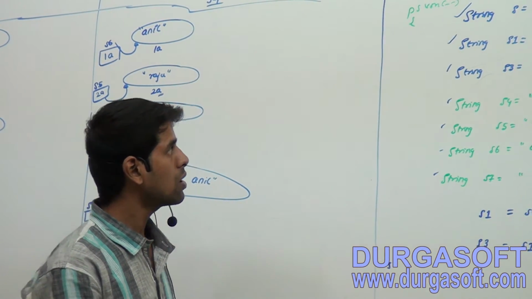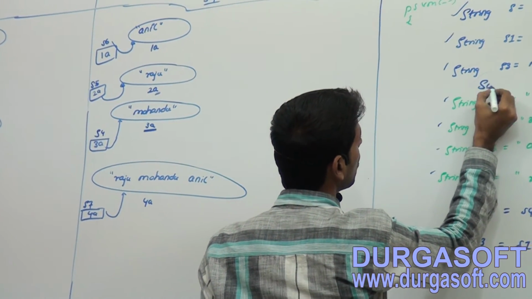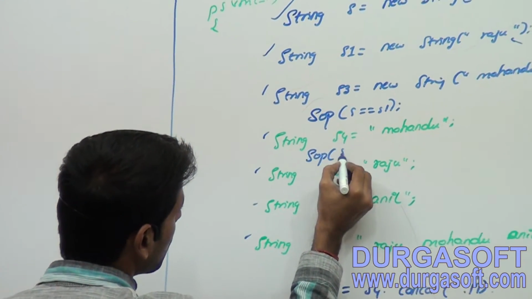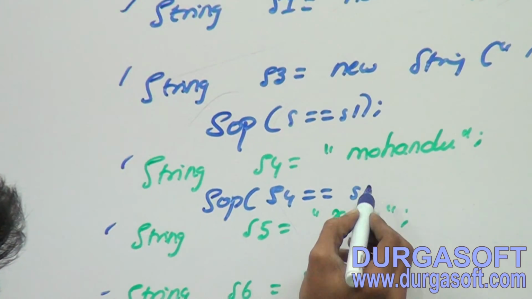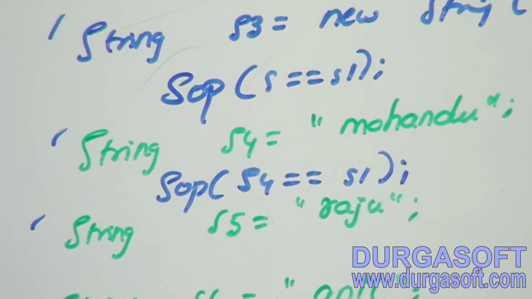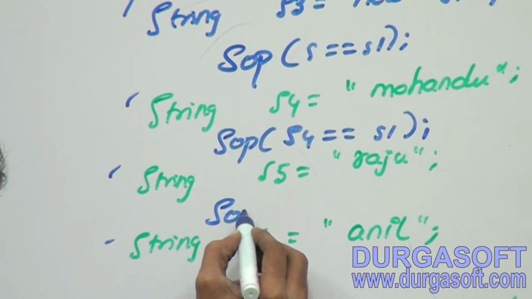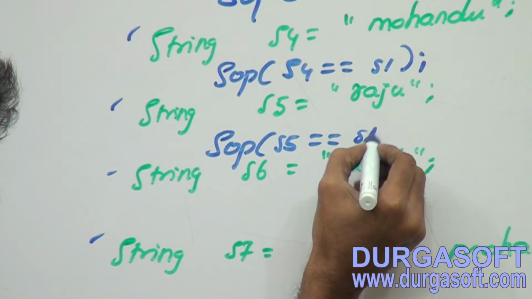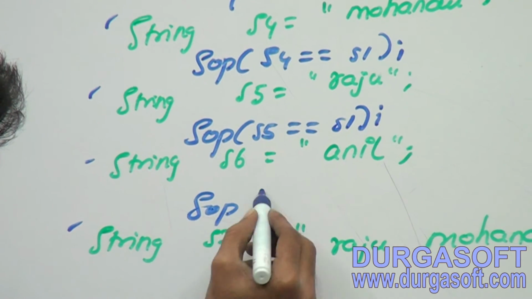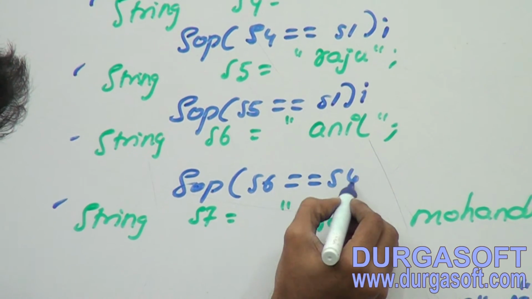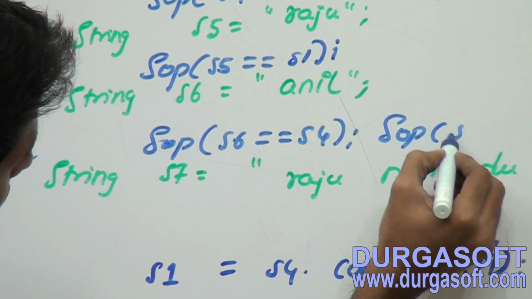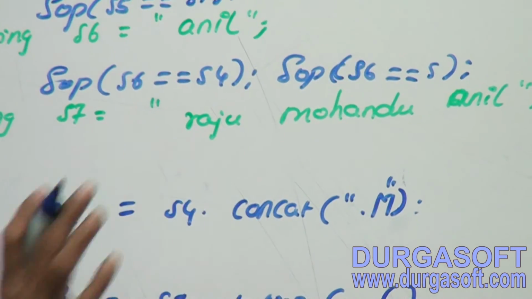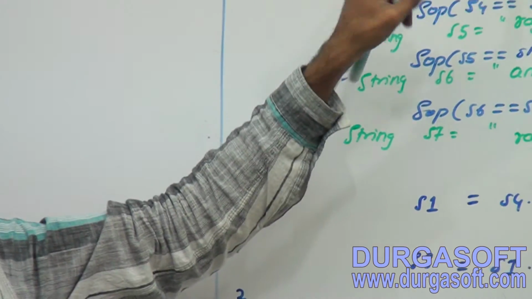Now I'll do one small thing. Let me use here SOP of S double equals S1 and SOP of S4 double equals S1. Here let me use SOP of S5 double equals S1, SOP of S6 double equals S4 and SOP of S6 double equals S. We will do the analysis, and we'll come to the answers for these later.